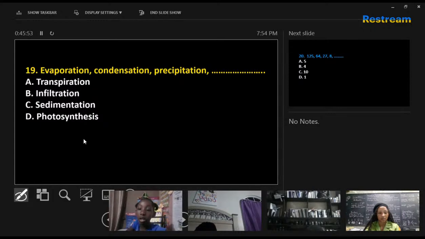Number 19, evaporation, condensation, precipitation. A. Transpiration. B. Infiltration. C. Sedimentation. D. Photosynthesis.